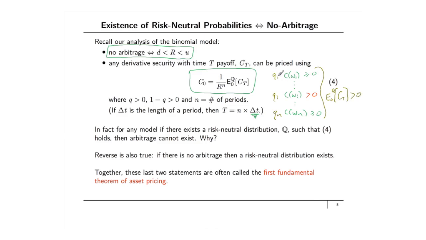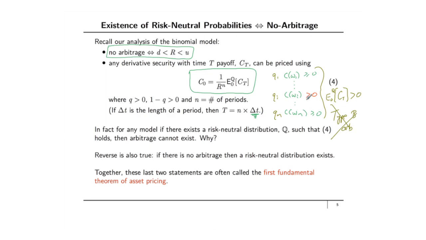Why is that? All of these probabilities are strictly positive. You're multiplying them by a cash flow that's non-negative, and at least in one state, strictly positive. Therefore, the expected value of Ct is strictly positive. But what that means is that you can't get a type B arbitrage. That's not possible.